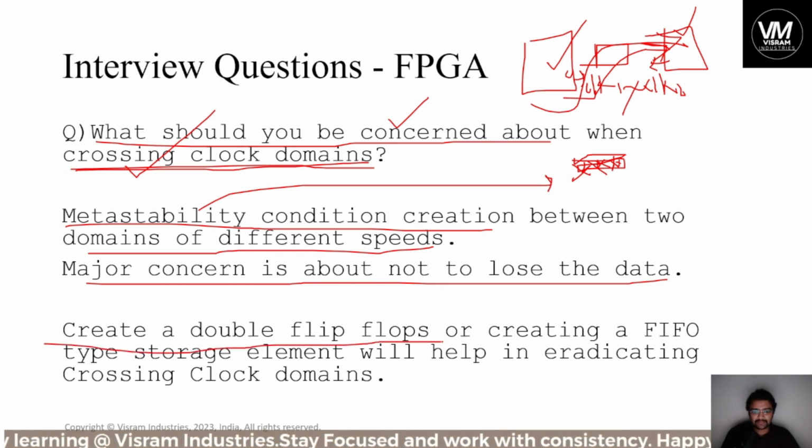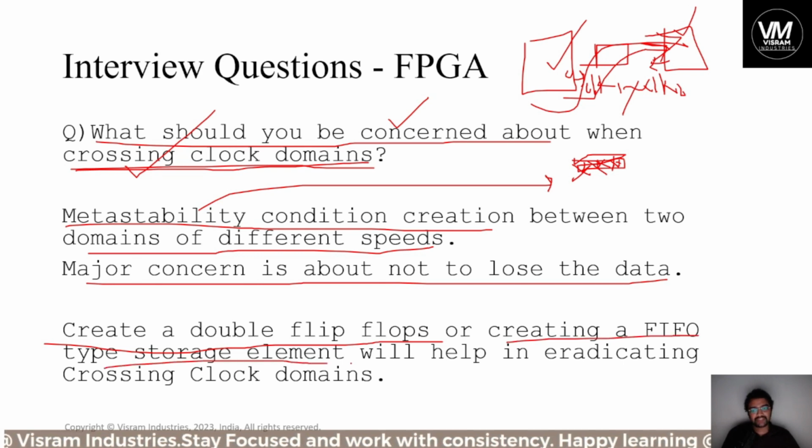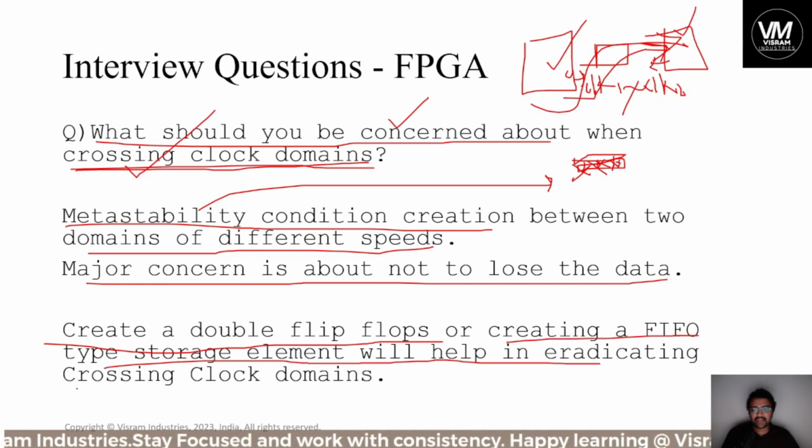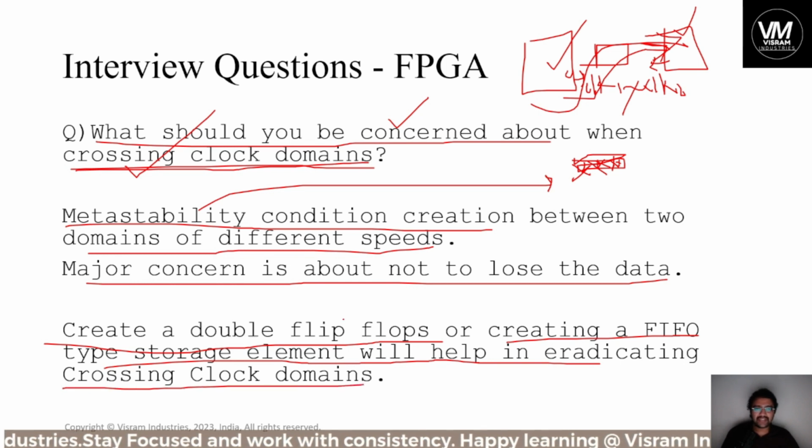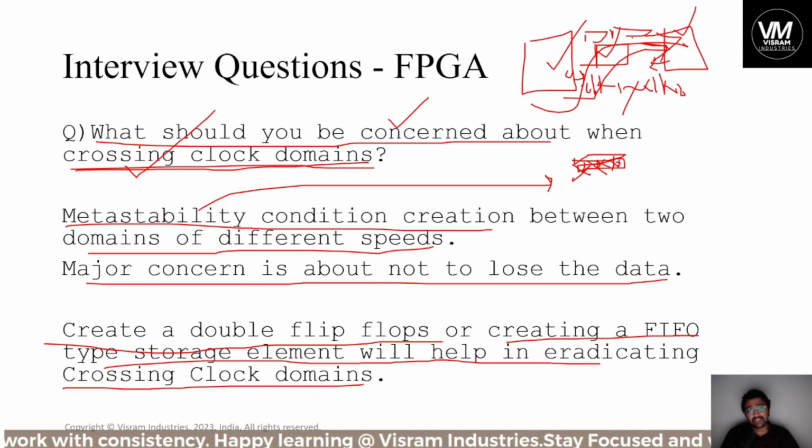Creating double flip-flops or FIFO-type storage elements will help in eliminating crossing clock domain problems. As I said earlier, you can create multiple flip-flops, and also you can create a FIFO like this. Or else you can implement two or more D flip-flops, and that will give you some delay and match up the frequency from low to high and high to low speeds.